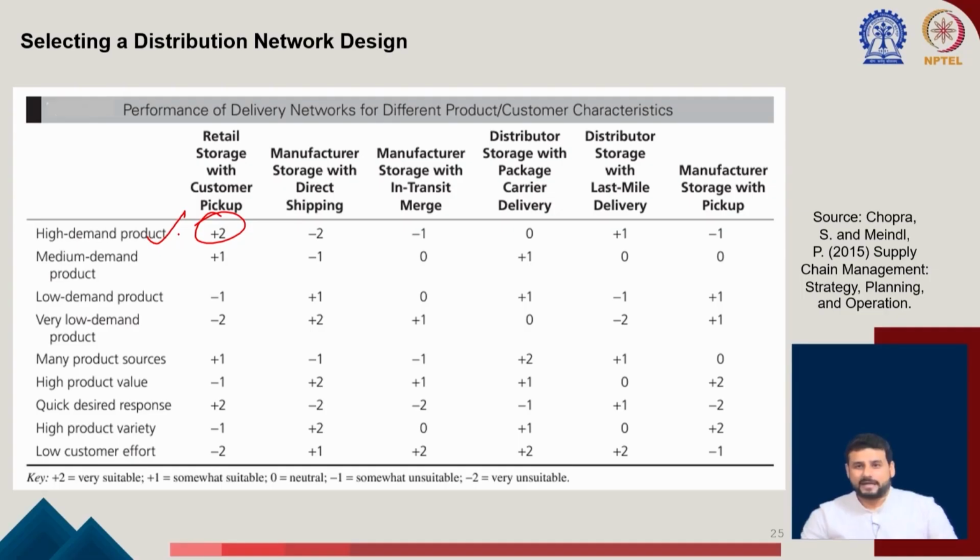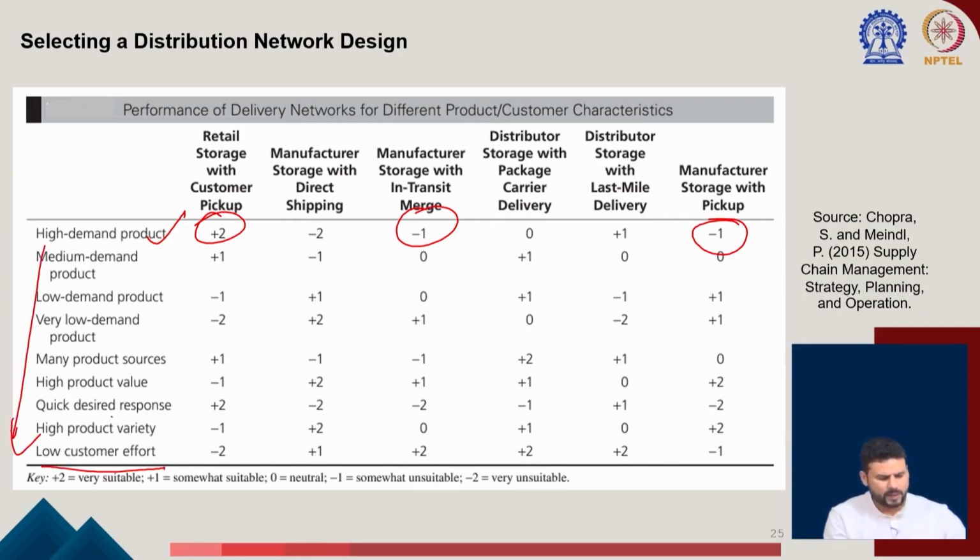But for product in transit merge, a negative score is given, because those designs are not suitable for high demand products. Likewise, you can see if low customer effort is required, or quality wise, or variety wise, or the size of the product, different configurations of products, you can pick different networks. Some design networks give positive points on some parameters, and some give positive on other parameters.